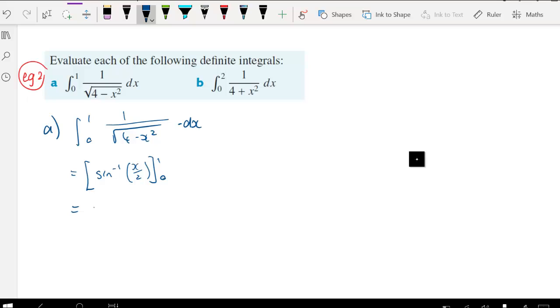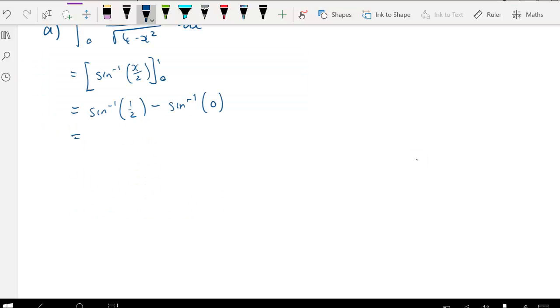So when we put that in, we've got arc sine of 1/2 subtract arc sine of 0. Arc sine of 1/2 is pi on 6. Arc sine of 0 is 0. So you end up with pi on 6 units squared.